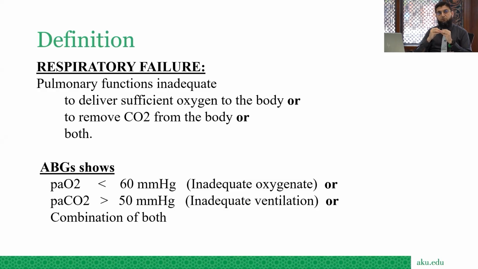In the lab parameters, usually the blood gases will show a partial pressure of arterial oxygen less than 60 and a partial pressure of arterial carbon dioxide more than 50, which shows inadequate oxygenation and ventilation respectively, and it can be a combination of both as well.